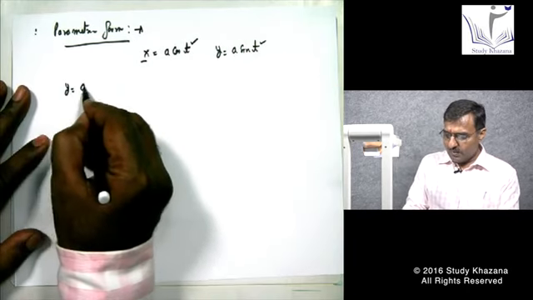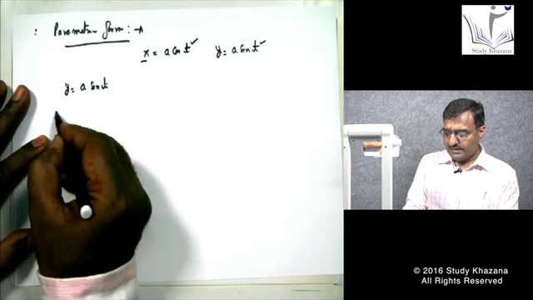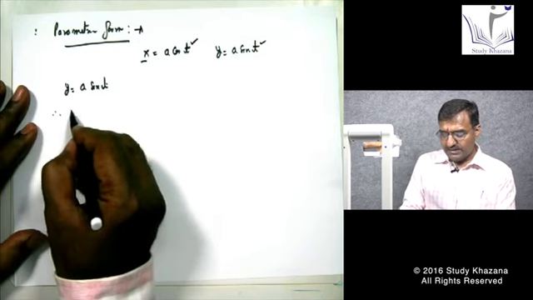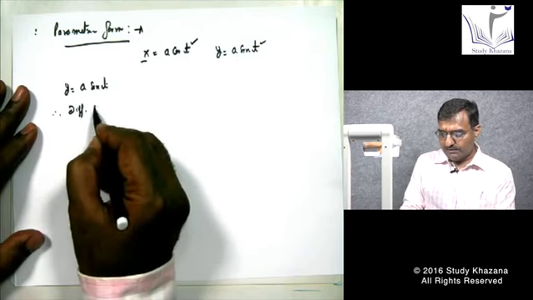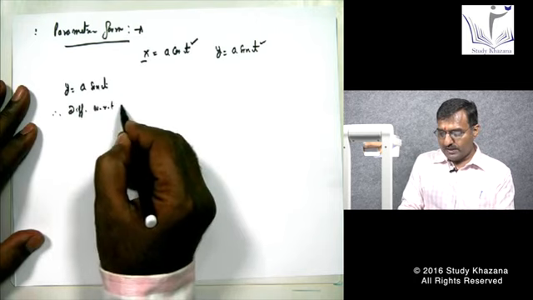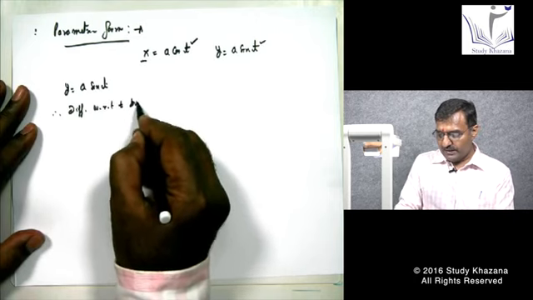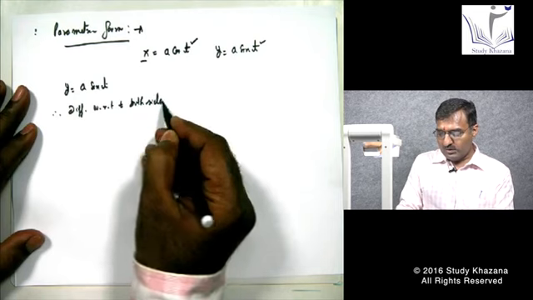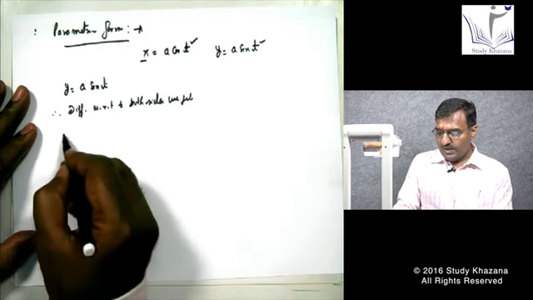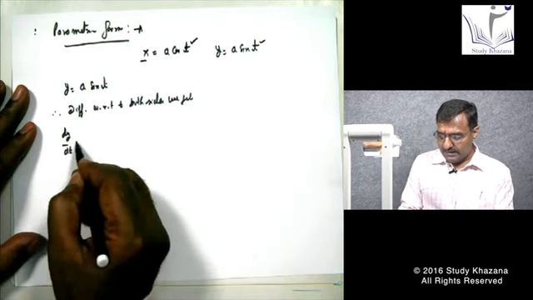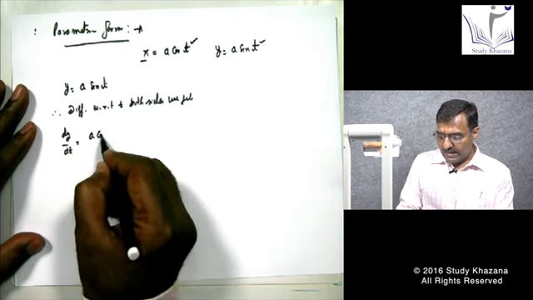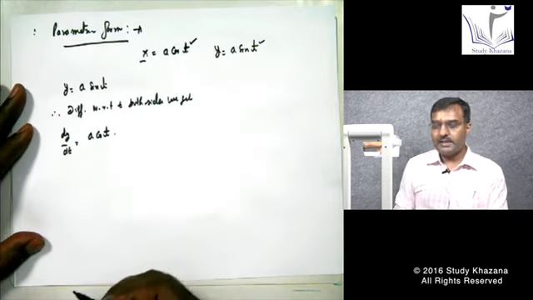First, y equal to a sin t, we differentiate both sides with respect to t. We get dy by dt equal to a cos t.